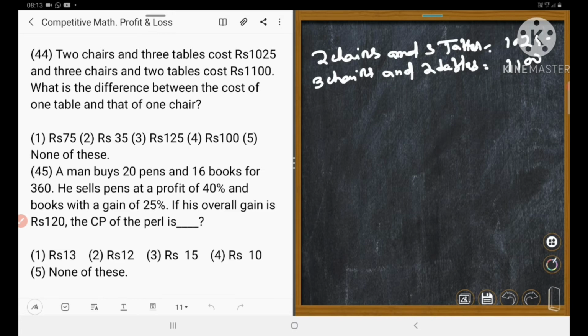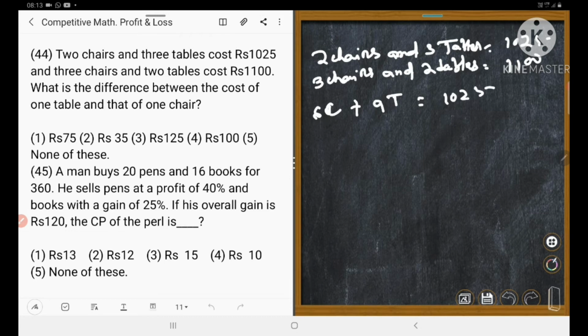Could you understand? We will multiply the first equation by 3. So 3 twos are 6 chairs plus 9T is equal to 1025.